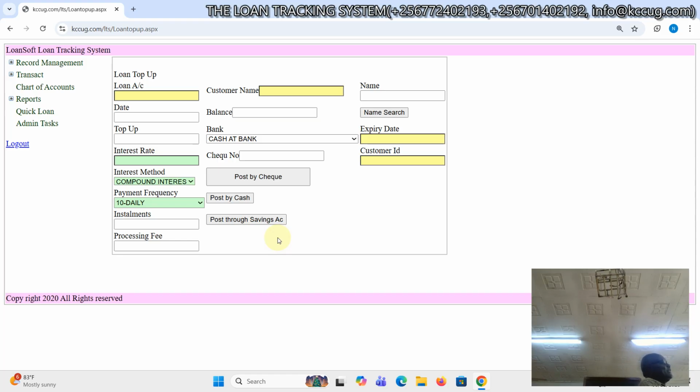If you gave him 2 million shillings, by the time he asks for a top-up he is just left with, say, 500,000 shillings. So if I come and say, give me another 500,000 shillings on top of this, the period remains the same, you increase the recovery amount. At the end of the day, even on this 500,000 shillings, you will be getting your interest.